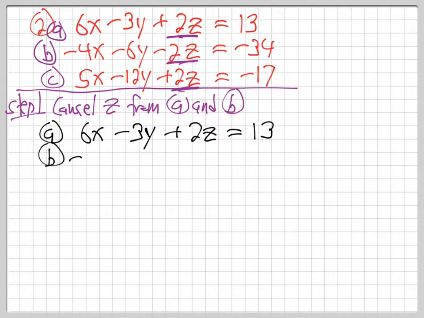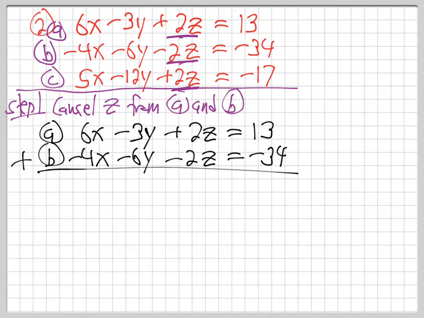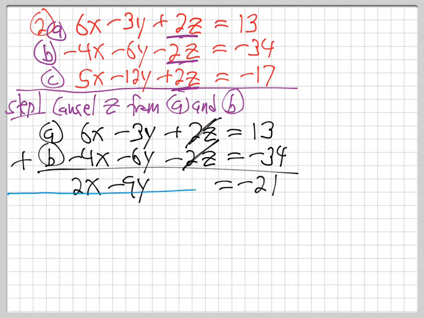Equation B, minus 4x minus 6y minus 2z is minus 34. Add them up and see what's going to happen. These guys cancel, so this will be 2x minus 9y. What's that going to be? Minus 21. So there's one equation with two letters. Now, that's step 1.